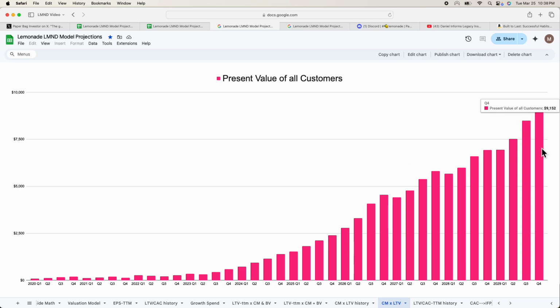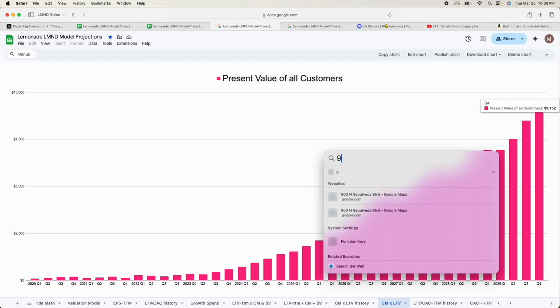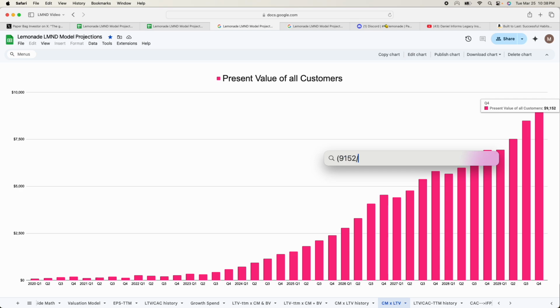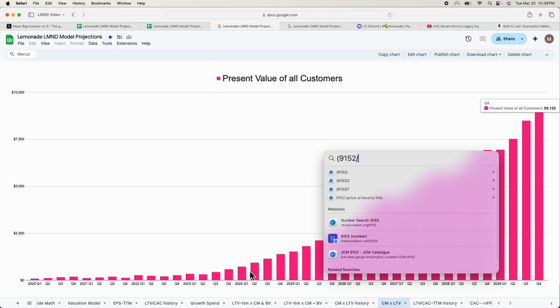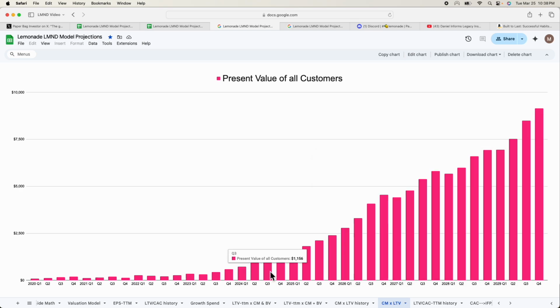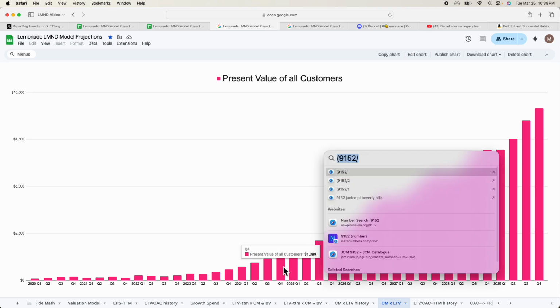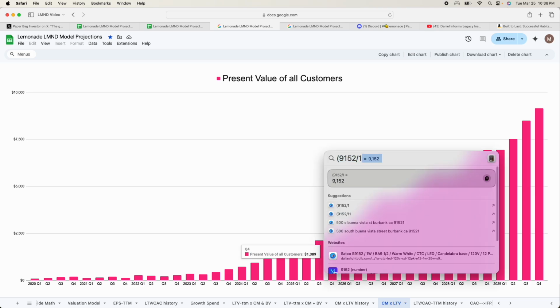We're talking about like $9 billion present value of all customers. And let's say 9,052, and say right now, at the end of last year, we're at 1389. So put that in, 1389.